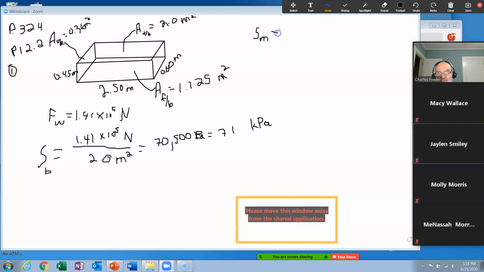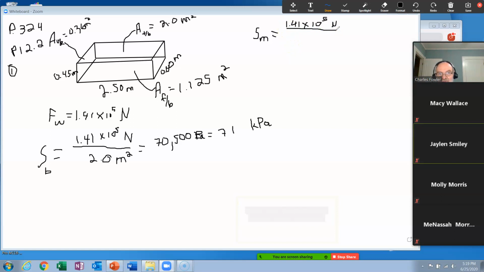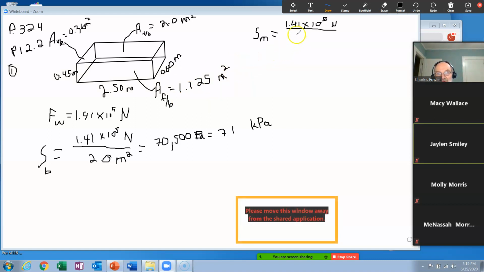The middle side on the floor, okay, that's going to be the same 1.41 times 10 to the 5th newtons, because it's the same weight, the same force, divided by the area on the front back side, the way it's now sitting, that would be 1.125.